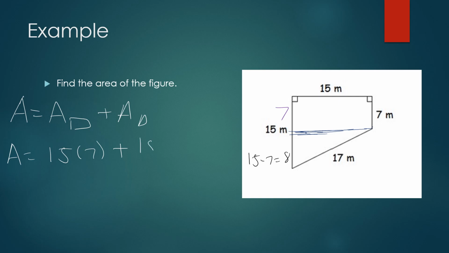So we have 15 times 8 times 1/2. Remember, since it's a triangle, we have to make sure it has half of the area. All right, so that means the area is going to be 15 times 7, which is 105, plus 15 times 4, because half of 8 is 4, which is 60.